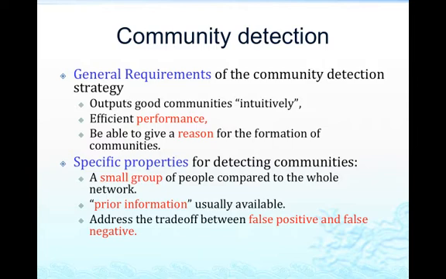Second, the algorithm should be computationally efficient so that it can scale up to process large-scale networks. Third, we should be able to use the algorithm to reason about the formation of the communities. In other words, we want to be able to talk about the confidence interval and the p-value of the output of the algorithm.